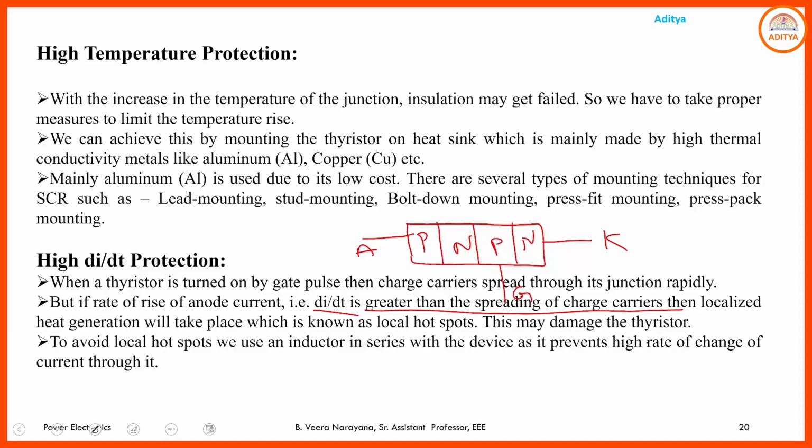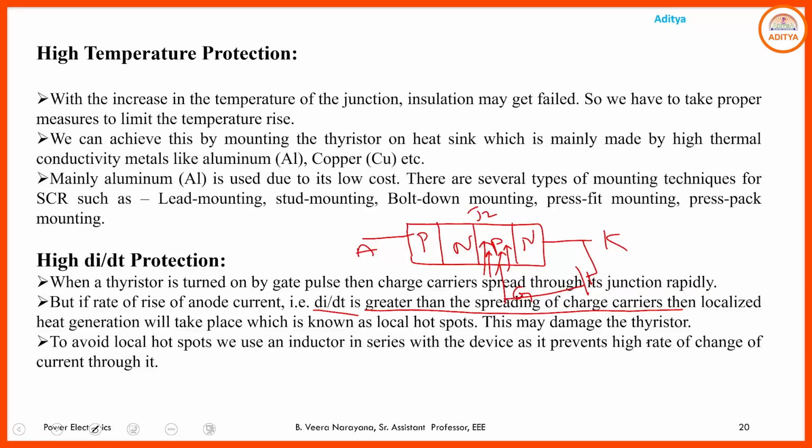Whenever you provide the voltage across the gate and cathode terminals, the gate terminal injects electron hole pairs inside the junction J2. If the rate of rise of current is greater than the spread velocity of the charge carriers, then local hotspots will be formed at the junction J2.